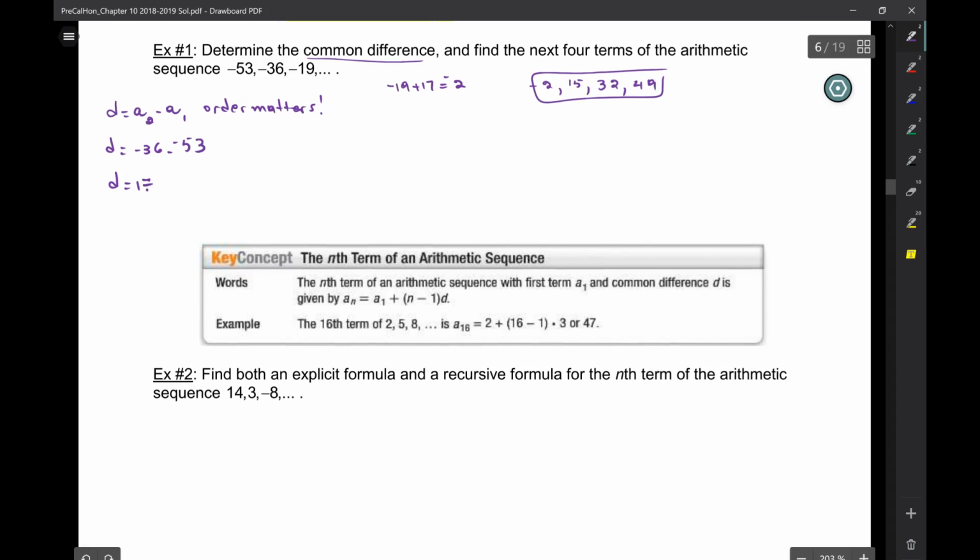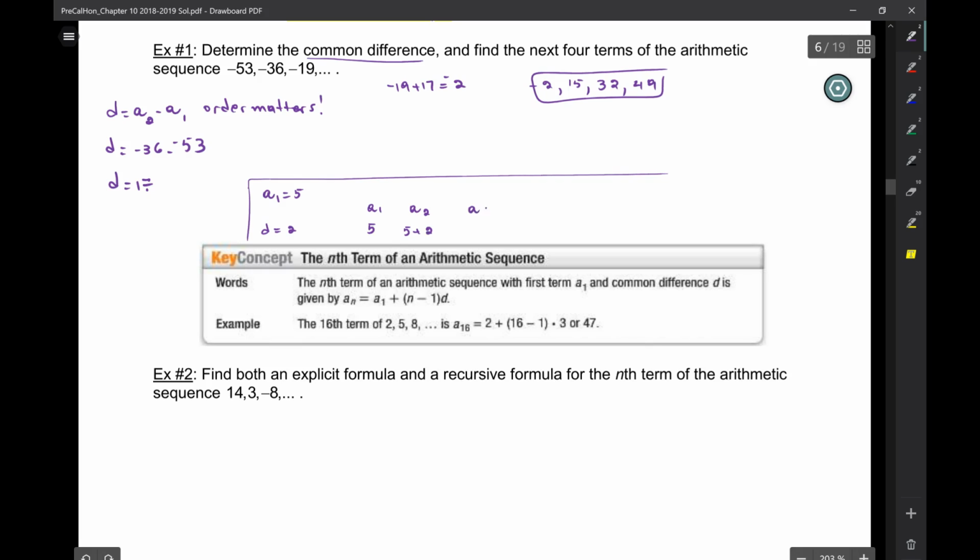All right, now, suppose I told you that there was this other sequence, and suppose I said A1 equals 5, and D is equal to 2. 2 is my favorite value for D. So let's see. A1 is how much? 5, right? And then how do you get A2? 5 plus 2.